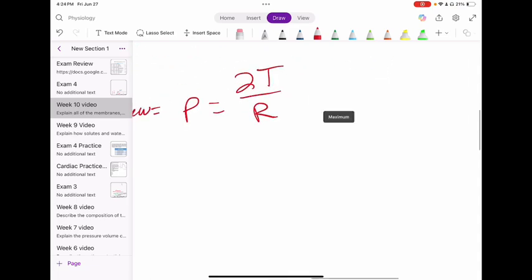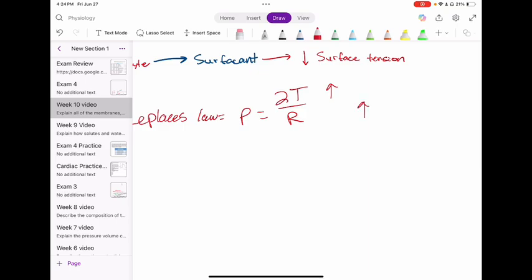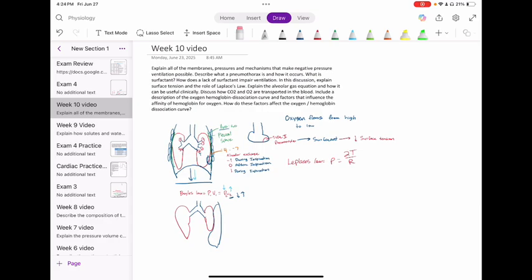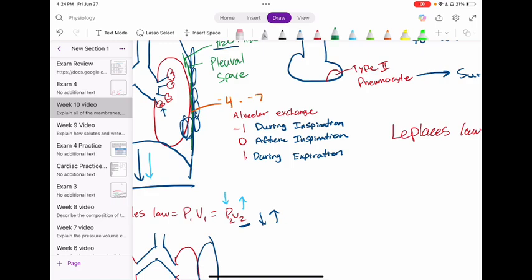So as the lung is bigger, there's less pressure. Another thing that affects it is the tension. If you have a higher surface tension, you'll have a higher pressure. So that's why this surfactant is very vital. It helps us keep the pressure down, allowing us to inspire when we need to.